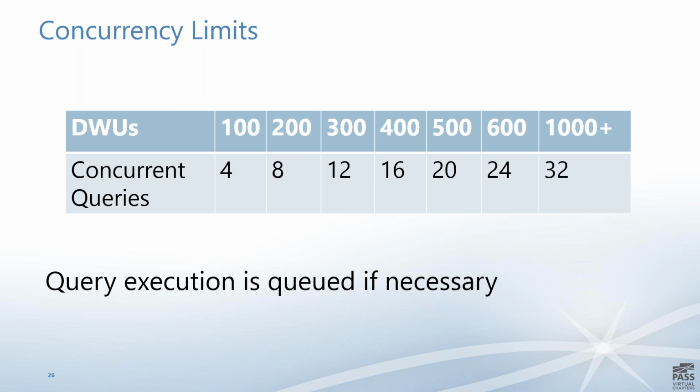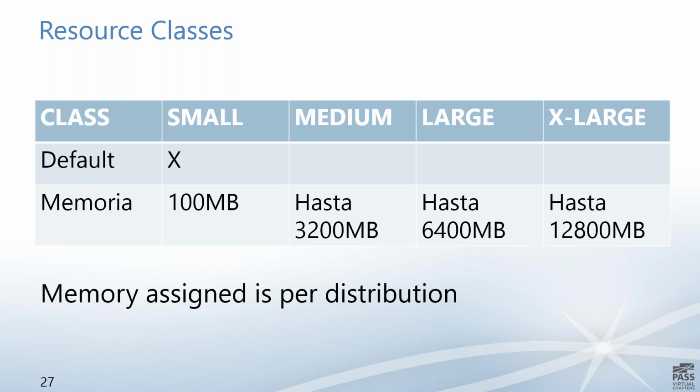So here are the concurrency limits. You can go from 4 all the way to 32 concurrent queries in Azure SQL DW. If you go over those limits on your current level, then basically it just gets queued. You go into a queue, you wait until one of them finishes execution, and then it's your time to jump on.